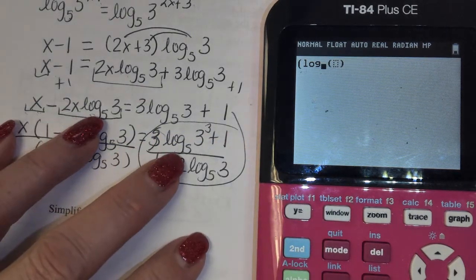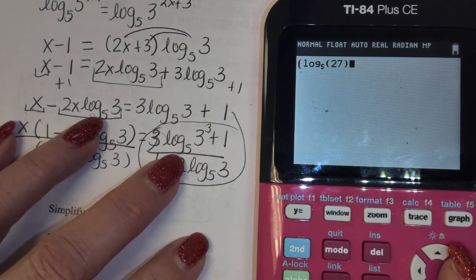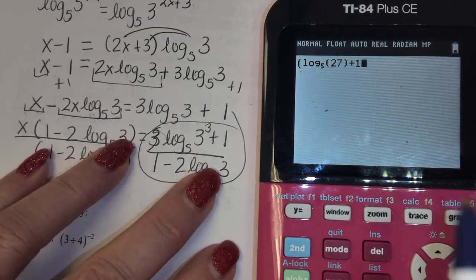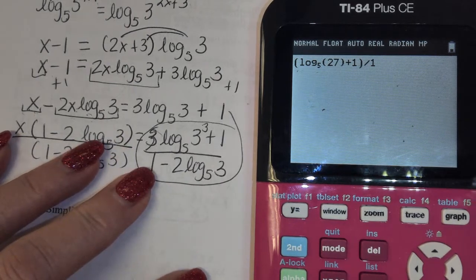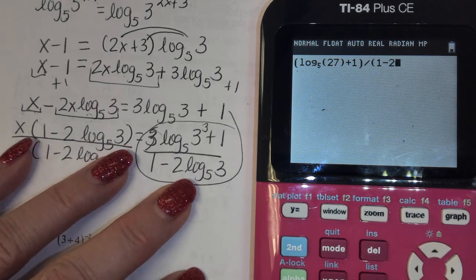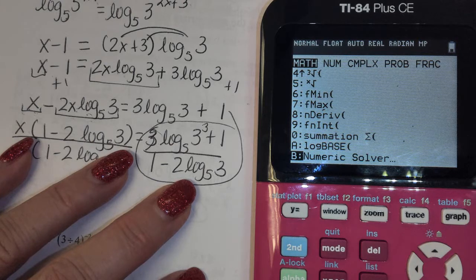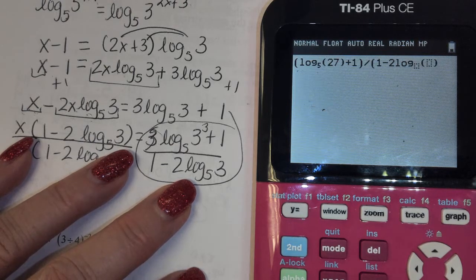So I can type this in as log base 5 of 27, get out of that, plus 1. So I need that whole thing to get divided by 1 minus, I need parentheses, the quantity, 1 minus 2, go to math, log base 5 of 3.